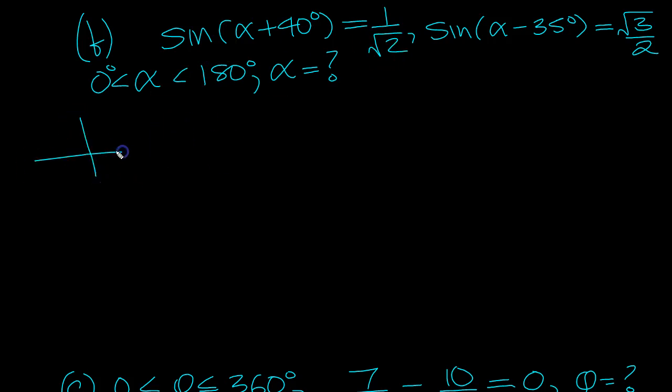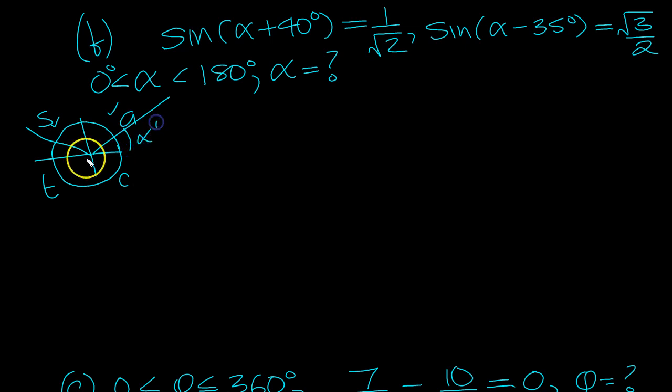Now alpha lies between, so alpha plus 40 and this, sine is positive here. Sine is positive here and here. So you'd get that solution there, wouldn't you? Those possible solutions. So our associated acute angle, alpha dashed, we'll have to call it. So sine alpha dashed is equal to 1 over root 2.